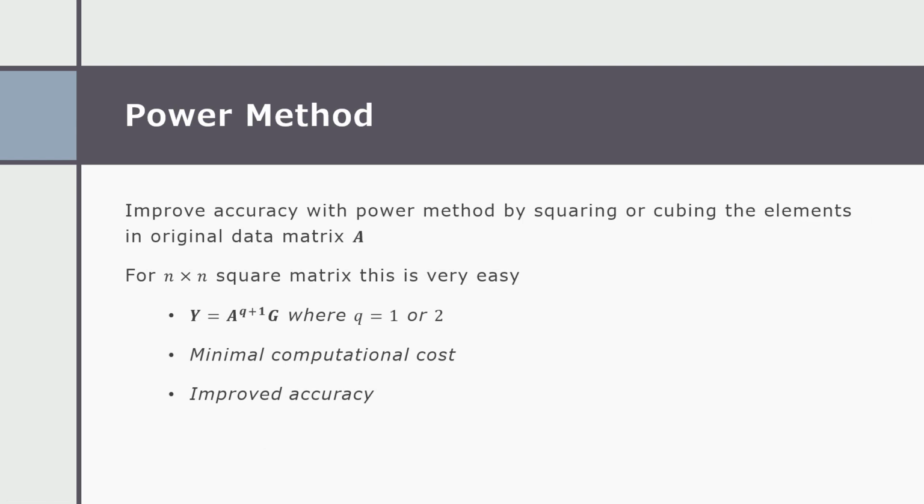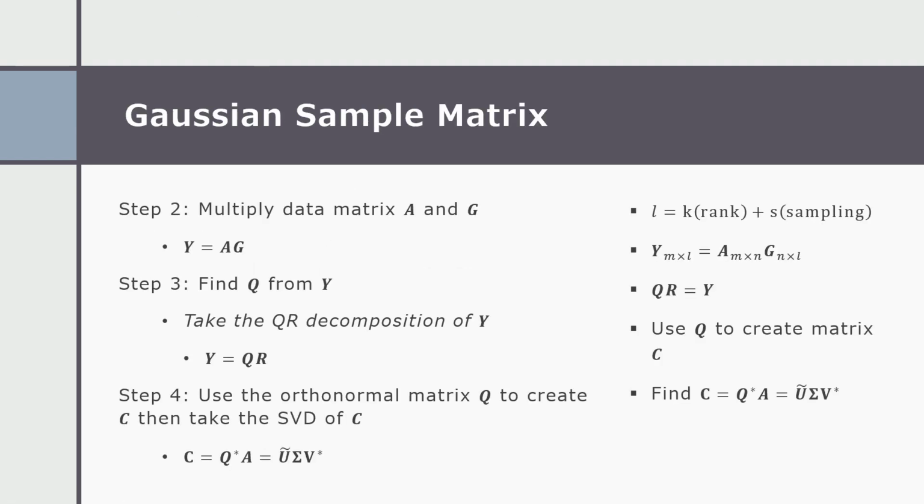Once you've created the G matrix, you multiply A times G to get Y, and then you just take the QR decomposition to get your Q matrix. You can then use matrix Q to create C, like previously explained.